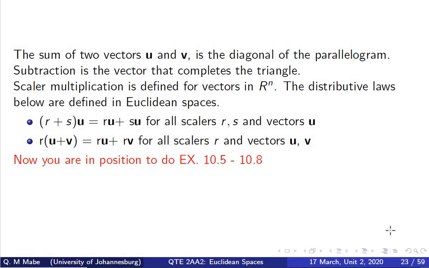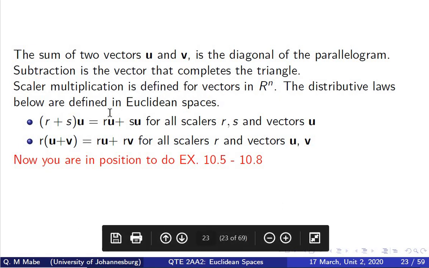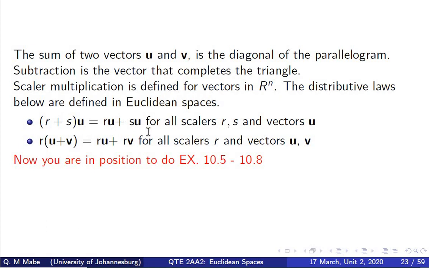For instance, if r and s are your scalars and u is a vector, we can distribute this vector u over r plus s to get ru plus su, right? And we can also add the two vectors and multiply them with a scalar r. So we have ru plus rv for all scalars r and vectors u and v.